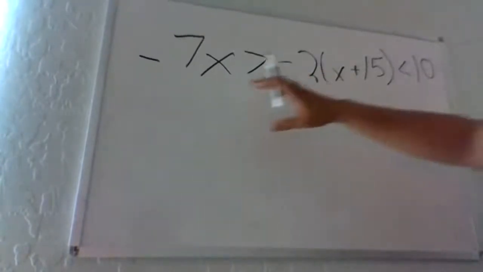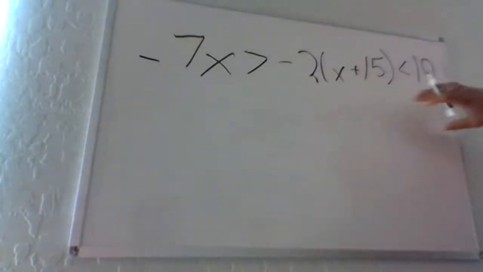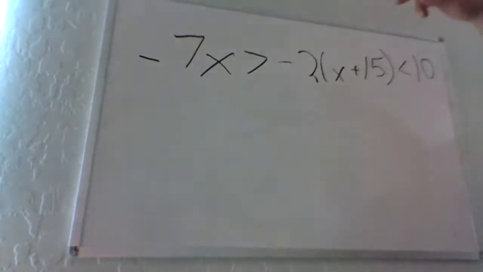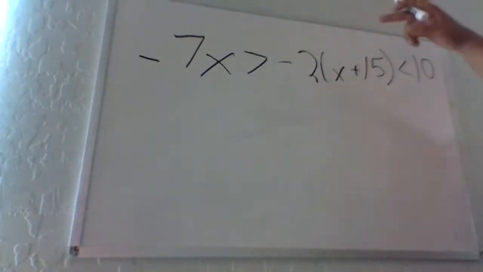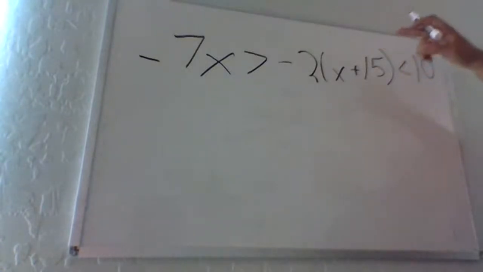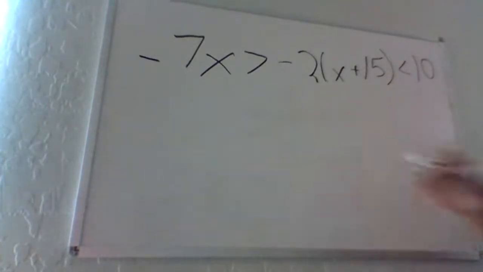Okay, so this is the problem. Negative 7x is greater than negative 2 multiplied by x plus 15 is less than 10. So I'd like you to solve that.